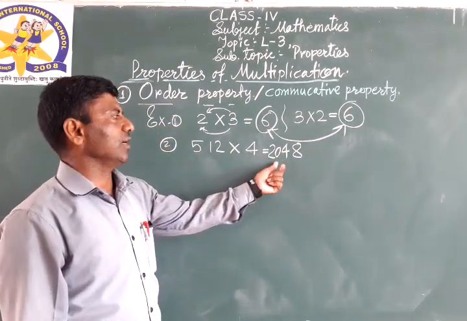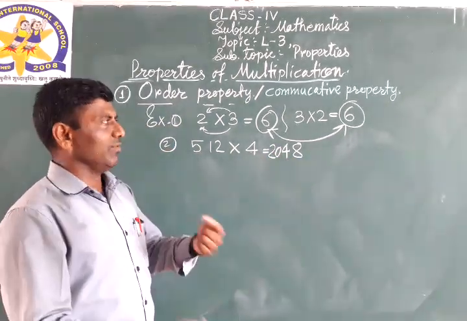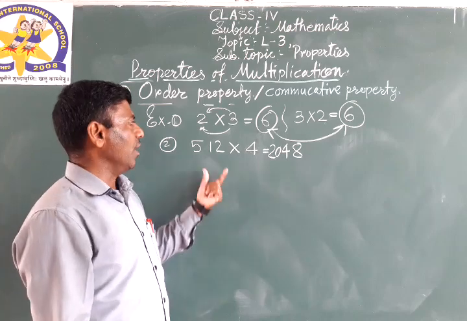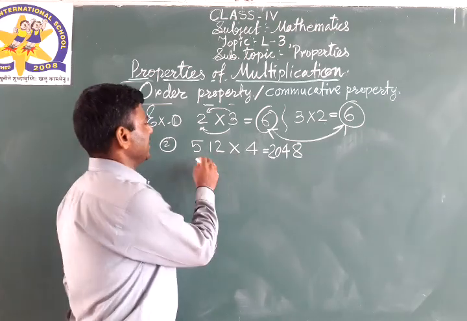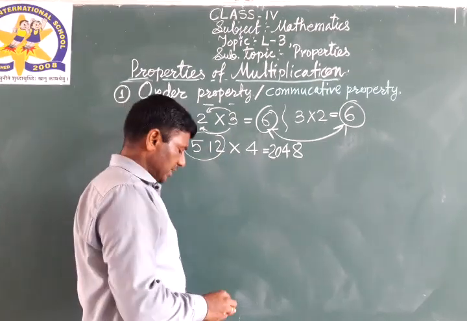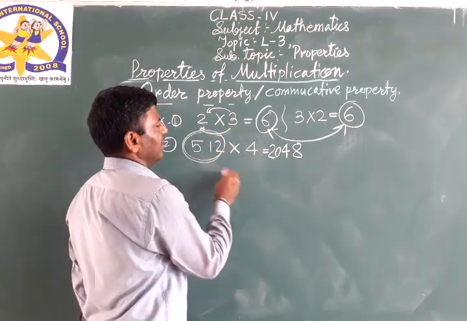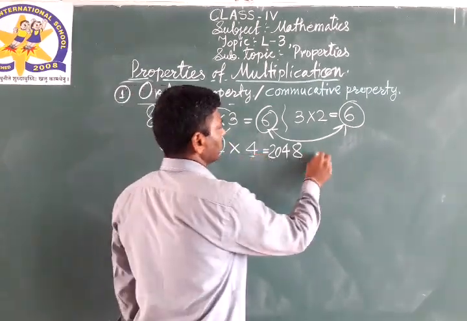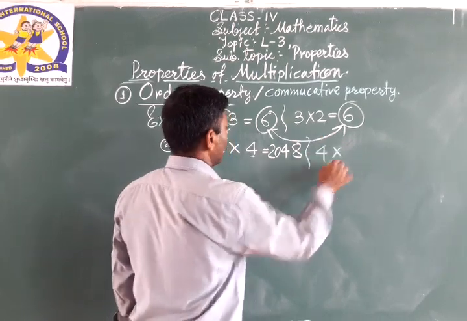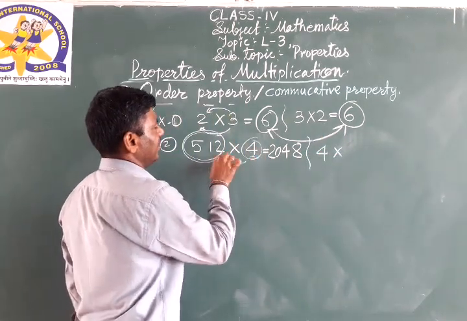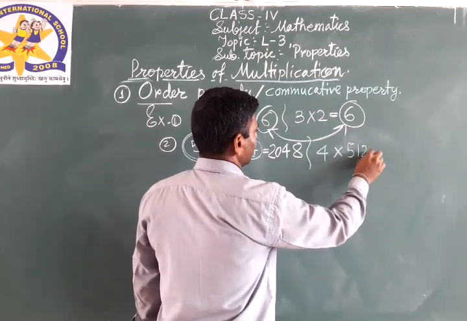So the answer is 2048. Now what will I do? I will change the order of the numbers. Instead of 512, I will write 4, and instead of 4 I will write 512.